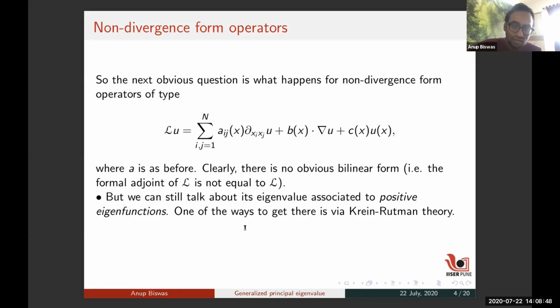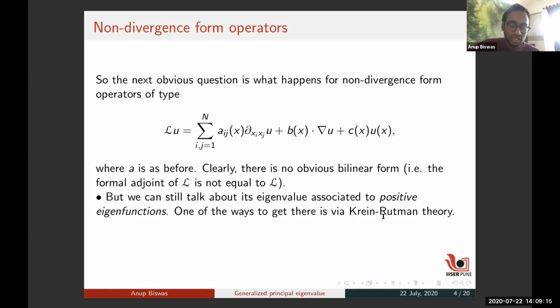The extension of that theory is known as the Krein-Rutman theory. What the Krein-Rutman theory does is it looks for eigenvalues with positive eigenfunctions. In particular, it looks for eigenvalues with eigenfunctions in a cone. So when you apply the Krein-Rutman theory, there is a cone that comes into play.